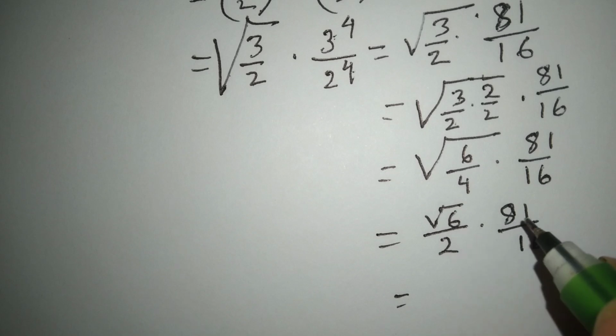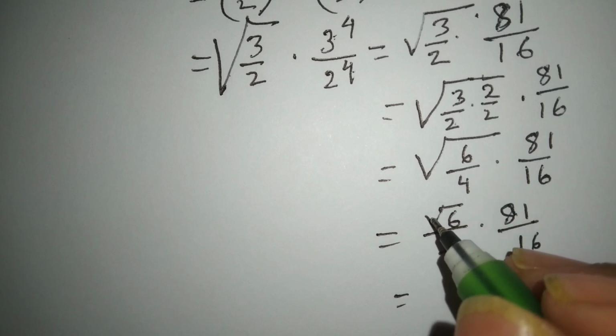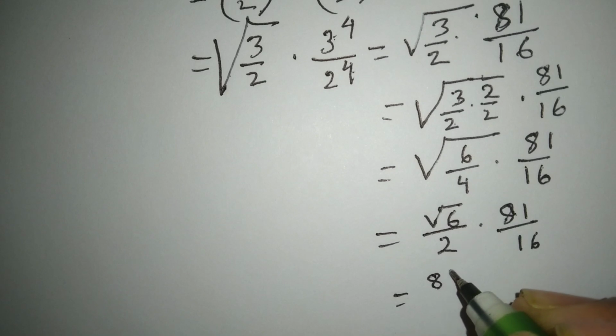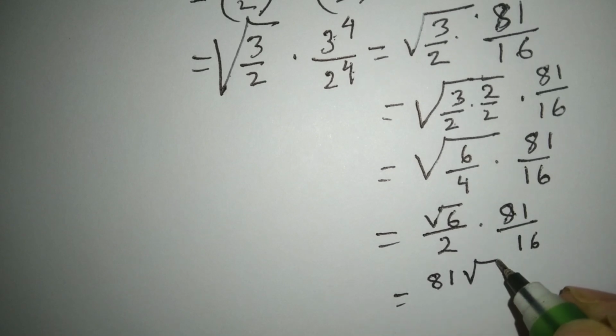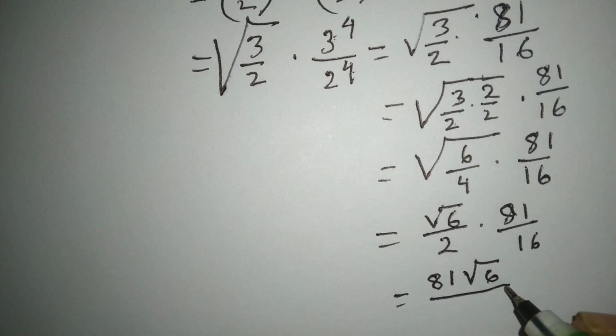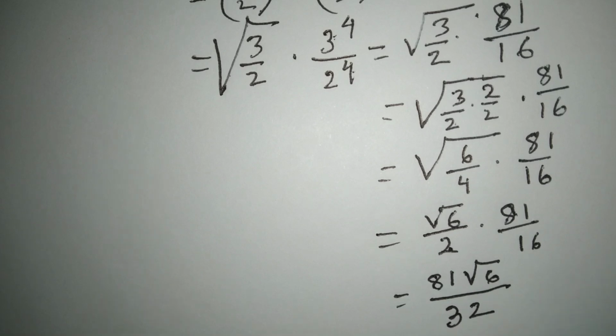We can write this as 81 square root of 6 over 2 times 16, which is equal to 32.